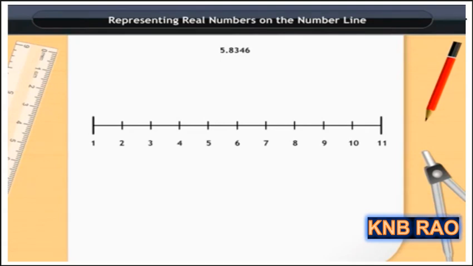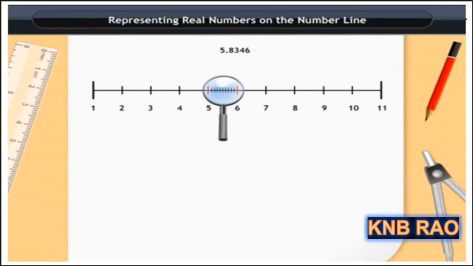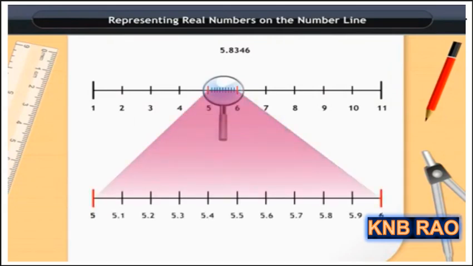5.8346 lies between 5 and 6. If we want accurate visualization, we need to divide it into 10 equal parts between 5 and 6, and let us magnify there. 5.8346 lies between 5.8 and 5.9.